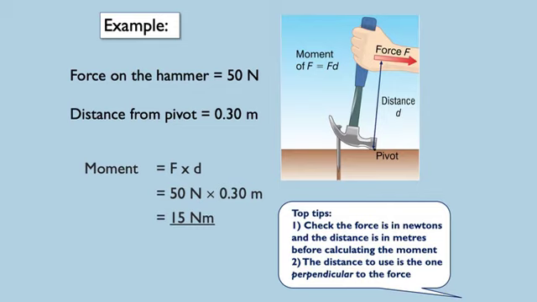I just have to make sure that I've got the right unit that I'm using. If I'm using centimeters, then I've got to make sure that I write that in the units.